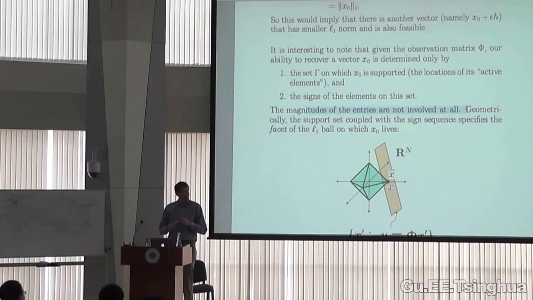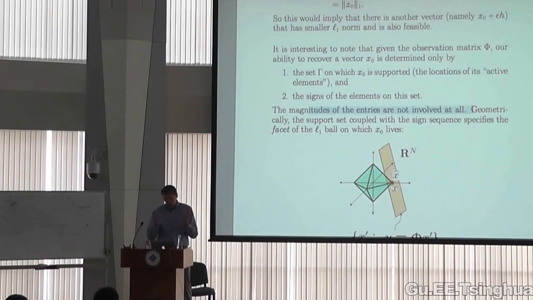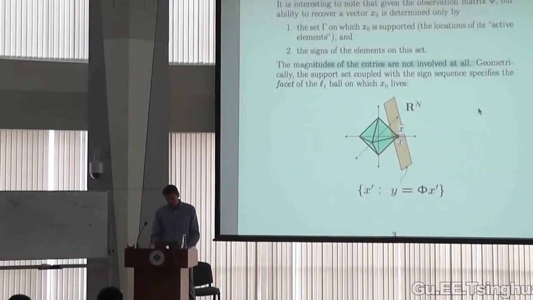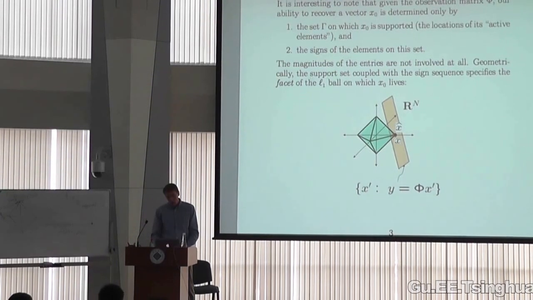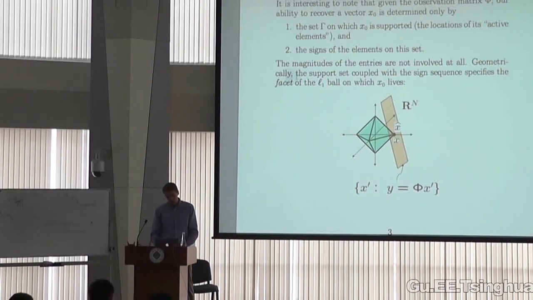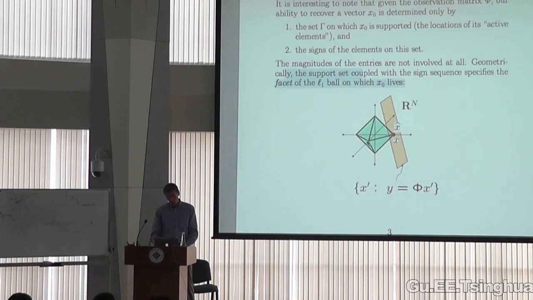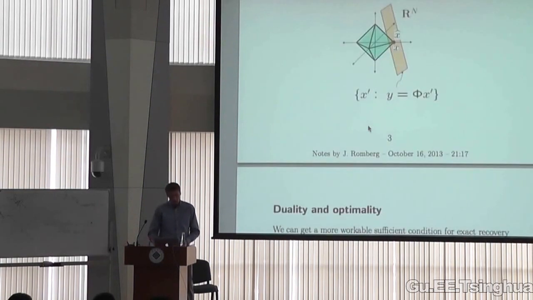If I add noise and talk about stable recovery, it could depend on the sizes in x naught too. But at the end of the day, perfect recovery from linear measurements using the L1 norm only depends on which facet of the L1 ball you live on, and not on the dynamic range of the values.